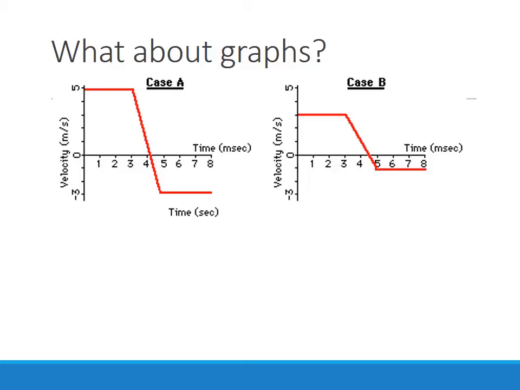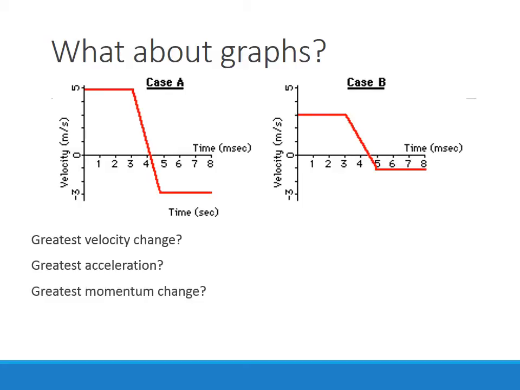And then case B, the velocity changed from 3 to -1 over definitely 2 seconds. So in case A, we can tell from just looking at the values of the velocity that case A had the greatest velocity change. The slope of that changing bit is steeper in case A, so it had the greater acceleration.